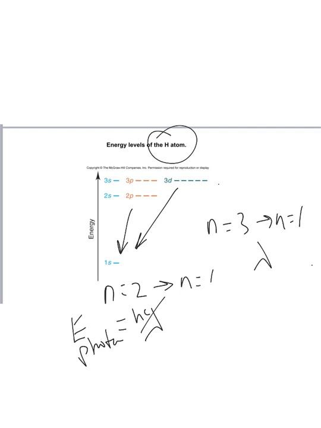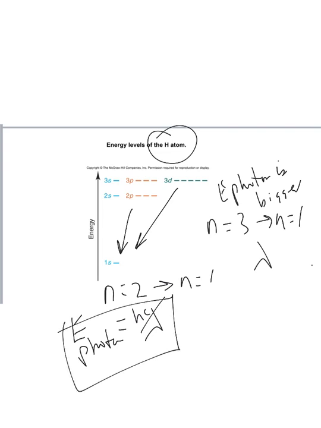This energy is bigger because notice that the distance it goes from the high level to the low level is longer. But the energy of the photon only cares about n, what shell you're in.